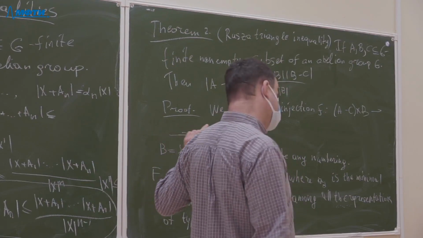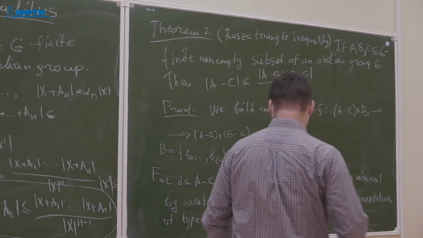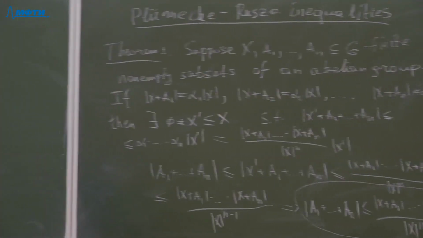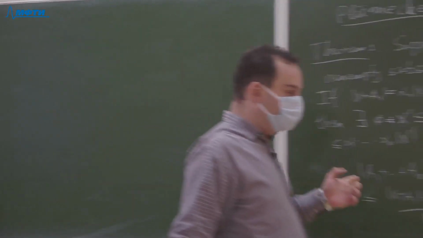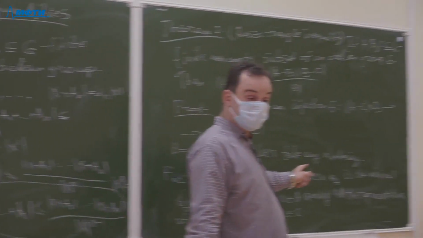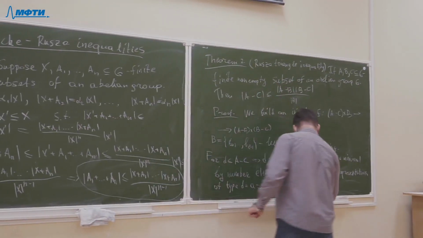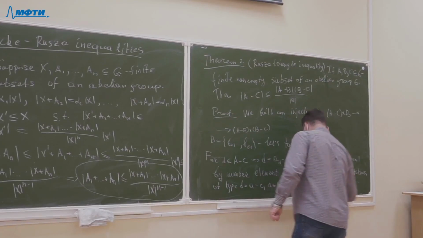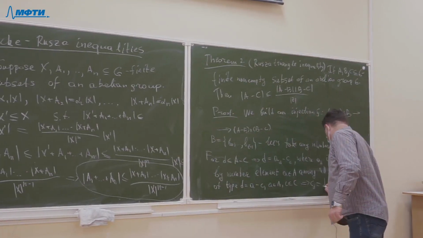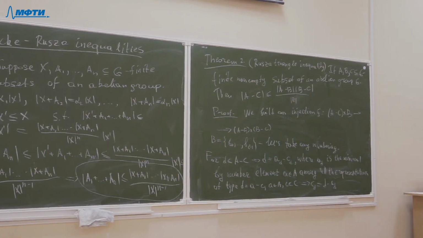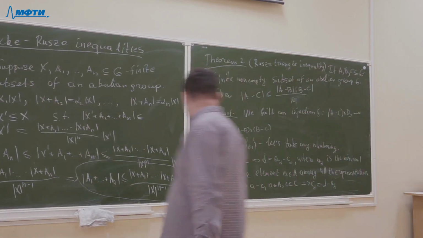Okay, now here is our function. By the way, when we fix a_d, c_d is defined uniquely, right? So c_d is d minus a_d. If we fix d and a_d, c_d is defined by this formula.